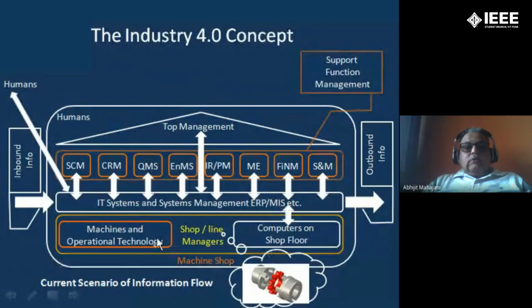And it's the shop floor which is not connected to the system. It's through humans. And humans do err at times. The operations are being done by operators and they are being managed by managers.